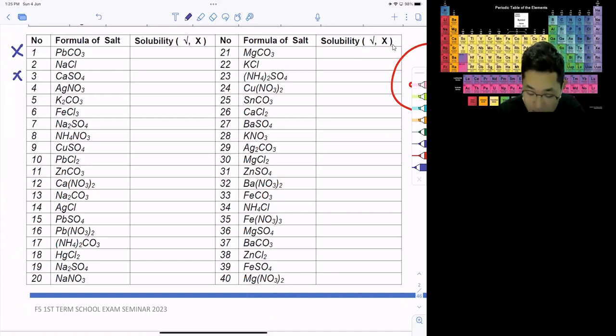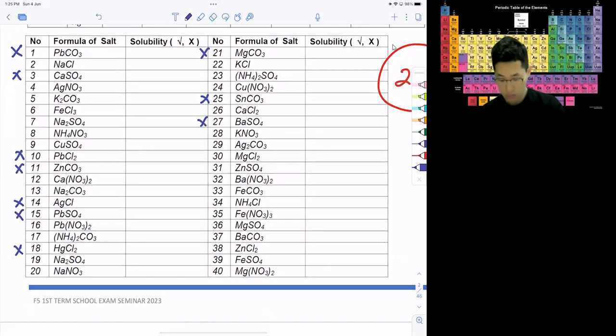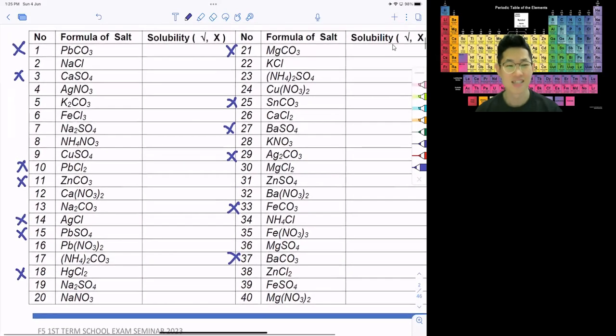Third one. Okay, these are the insoluble salts. The rest are all soluble.